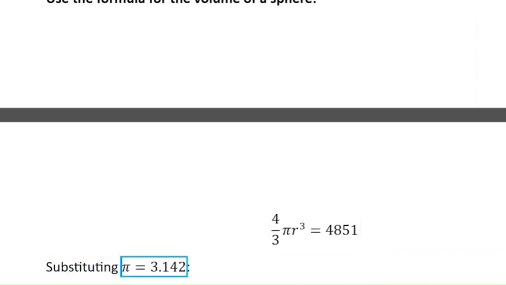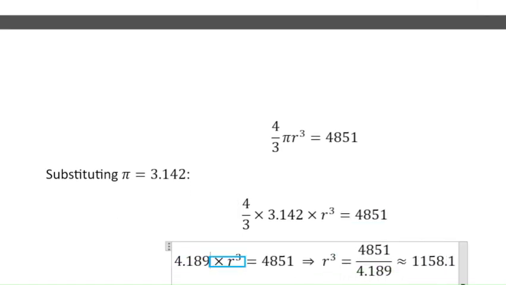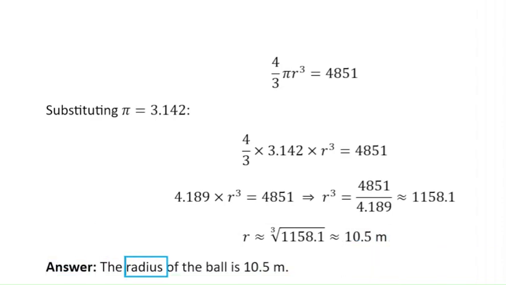Substituting pi equals 3.142, 4/3 times 3.142 times R cubed equals 4851. 4.189 times R cubed equals 4851 implies R cubed equals 4851 over 4.189, approximately 158.1. R is approximately the cube root of 158.1, approximately 10.5 m. Answer: the radius of the ball is 10.5 m.